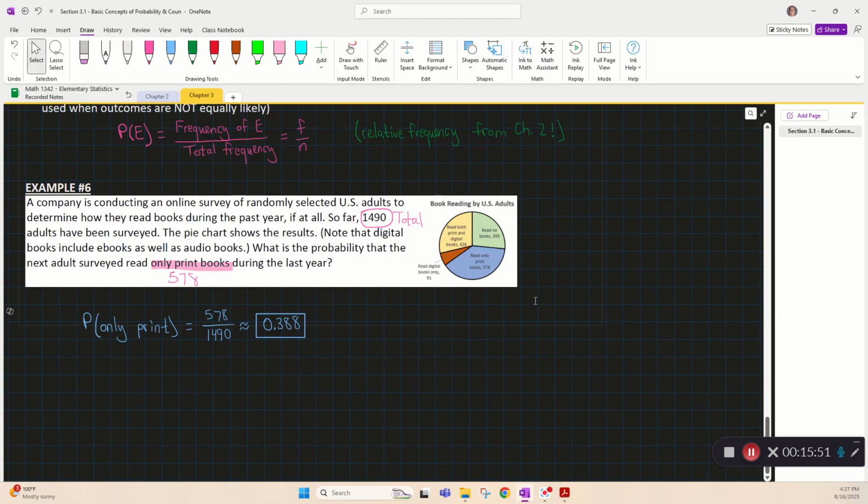let's see here. This leads us, though, to something called the law of large numbers. Law of large numbers.